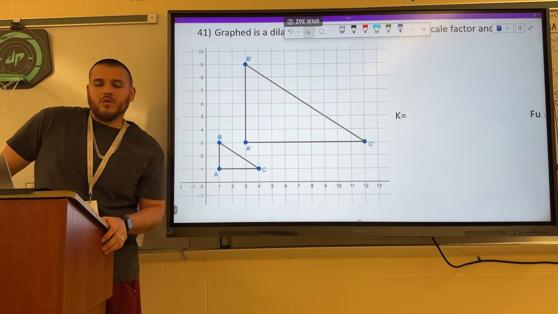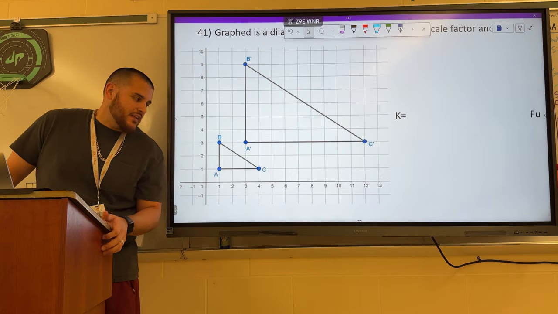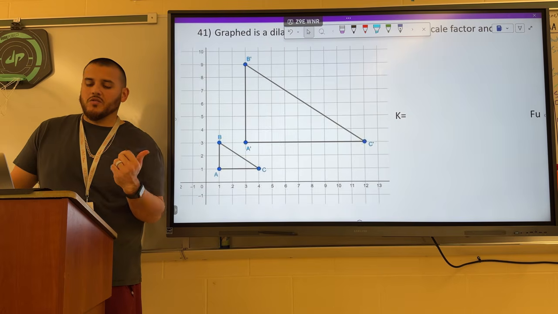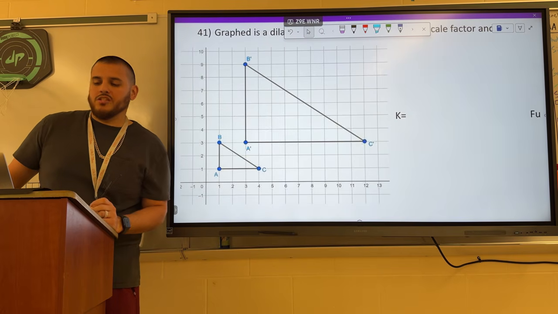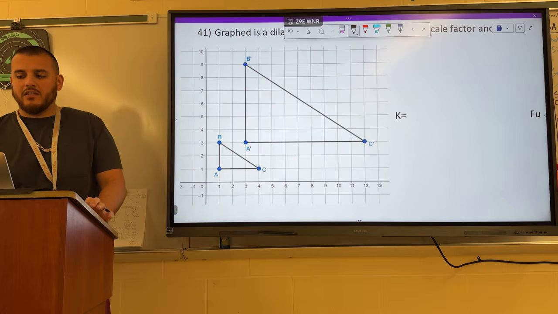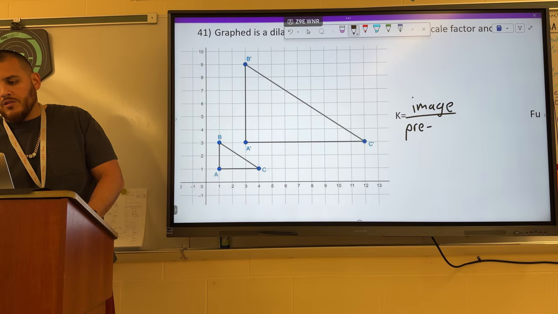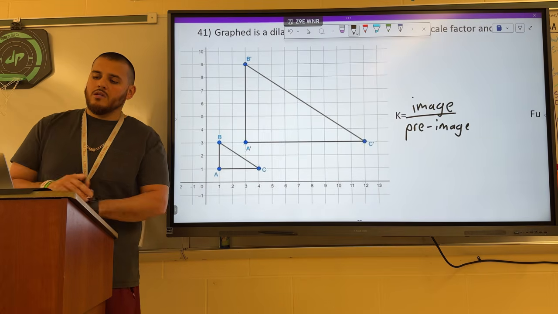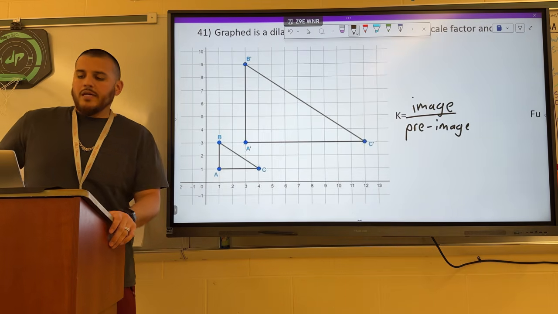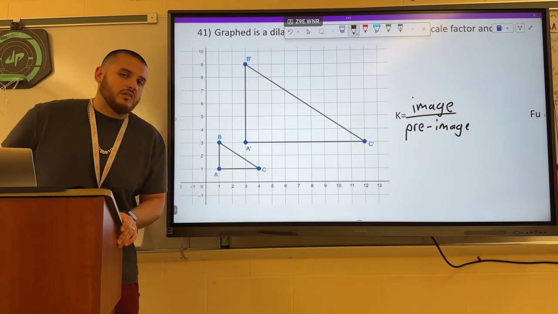In example 41 here, we're asked to find the scale factor of a dilation and then to write the dilation in function notation. So first, scale factor is just the image over the pre-image. This is a ratio comparing image and pre-image. Some measurement from the new shape compared to the corresponding measurement of the original shape. So as we look at a figure like this, we can use several different measurements.